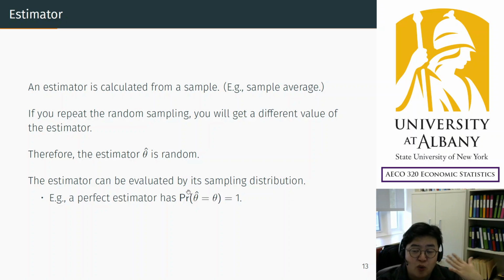But what we want is they are equal 100%. This would be the perfect estimator, right? But of course it is impossible. If you have something like this, you don't need statistics again, right? It means you know the answer.